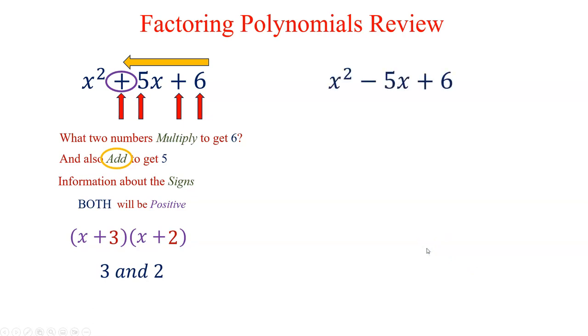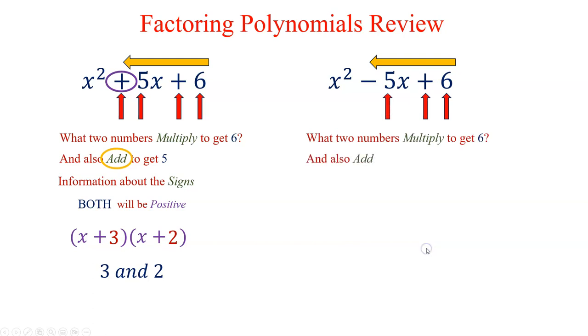Let's do another example. If I read backwards, the first thing I get to is a 6. I ask what two numbers multiply to get 6. The next thing I see lets me know that the two numbers will also add, in this case, to get 5. Again, the next symbol tells me something about the signs.